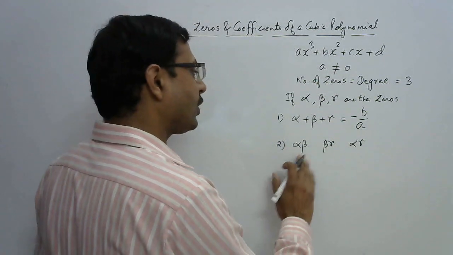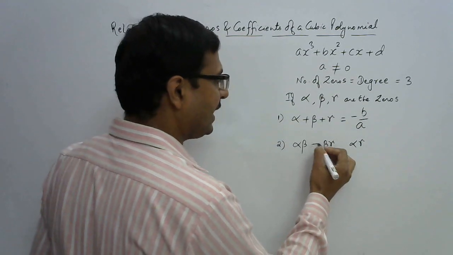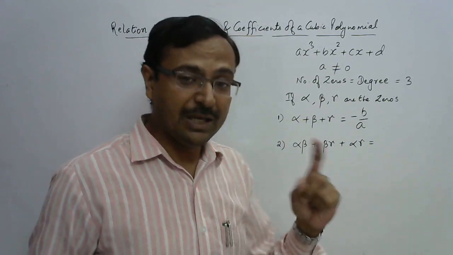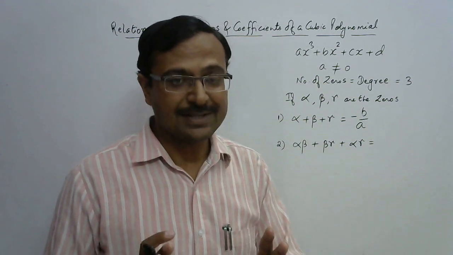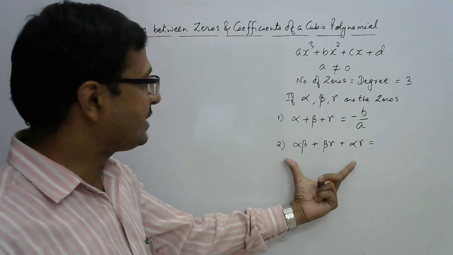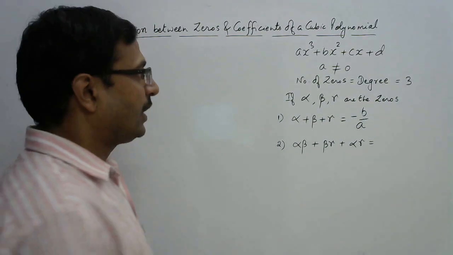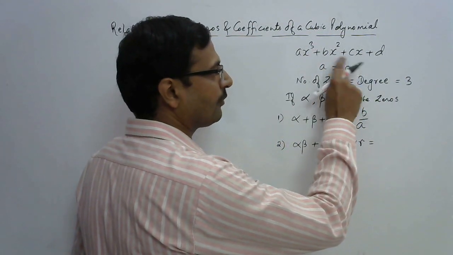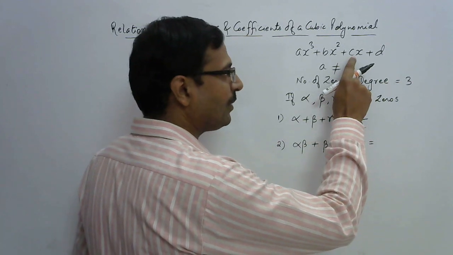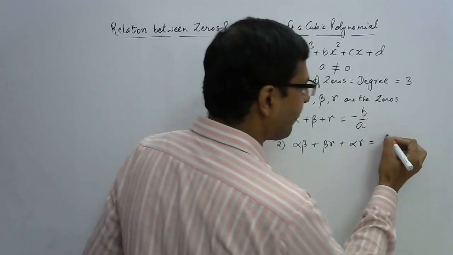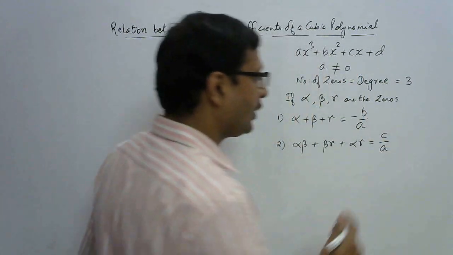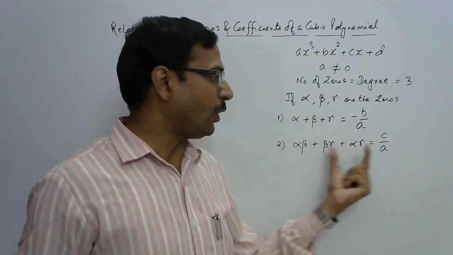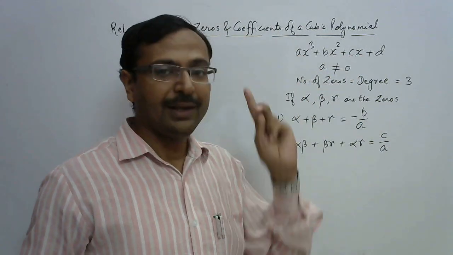So if you take the product of the zeros in pairs and then add them, then this will always be equal to, now we started from here minus b by a, then we move from b to c now. So it will be c upon a. So if the 3 zeros are found correctly, then this part will always be equal to c upon a.